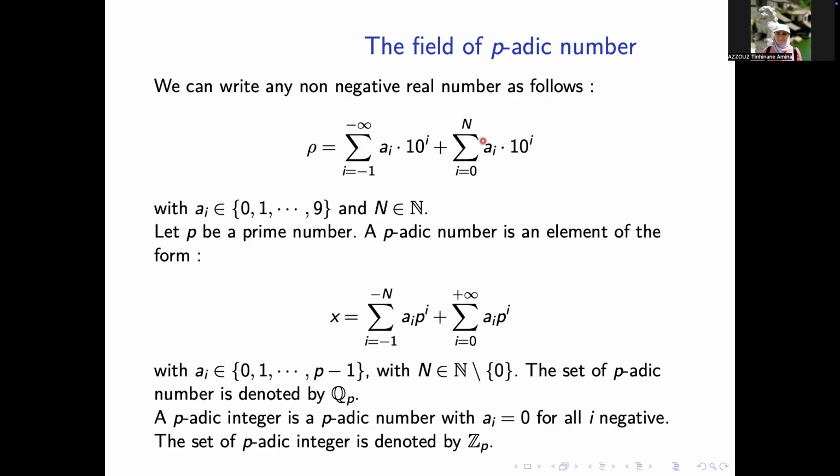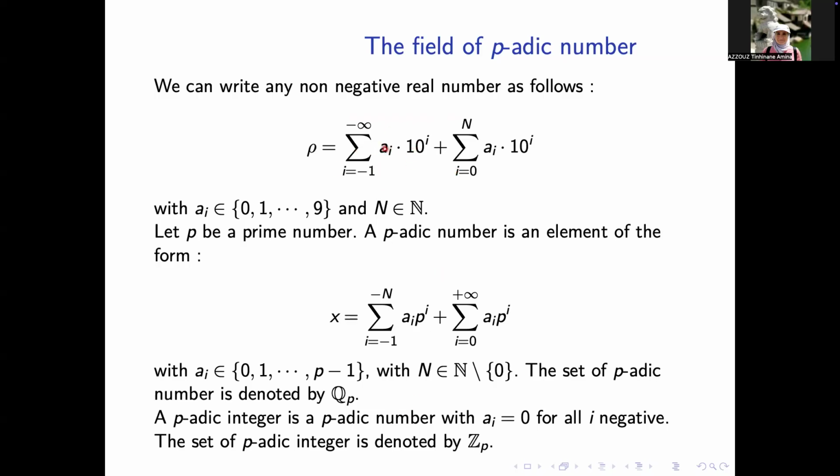Here we consider rational numbers, and the real numbers are just the completion of the rational numbers, and it is the same here.